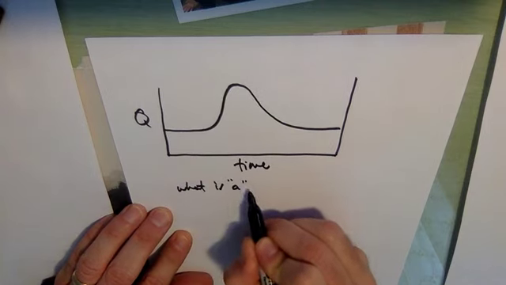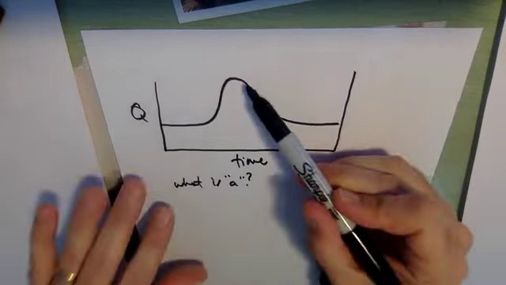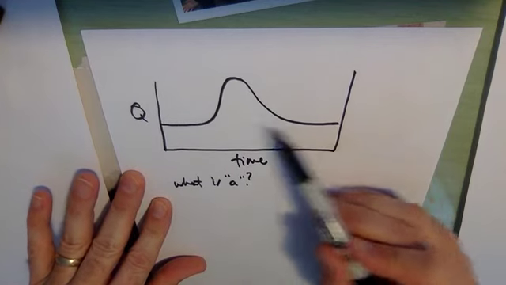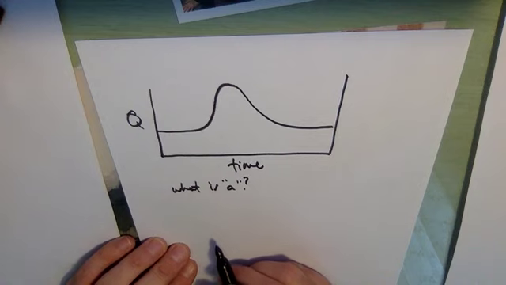You can think of it sort of like the half-life of a radioactive isotope. How long does it take for a radioactive isotope to decay? That's kind of like what A is. How long does it take for the water level in the stream to drop back down to where it was? And we can determine that experimentally.